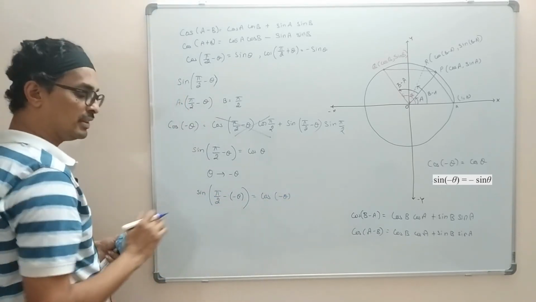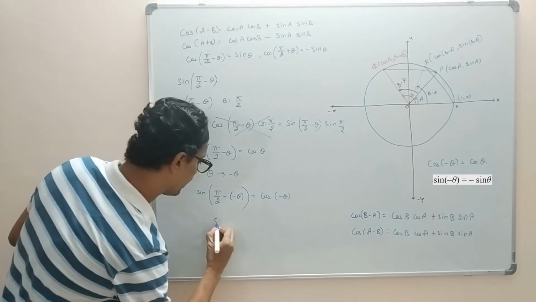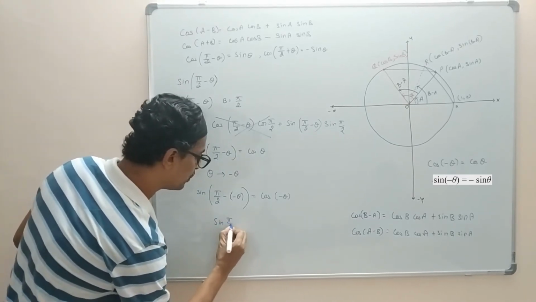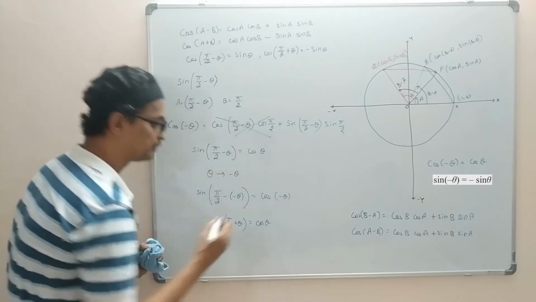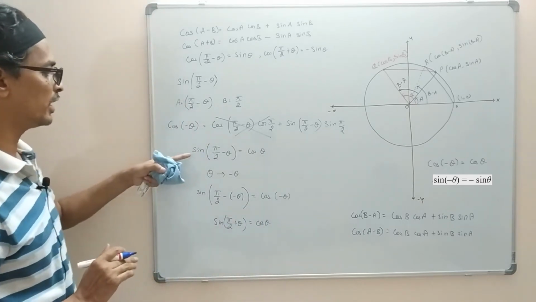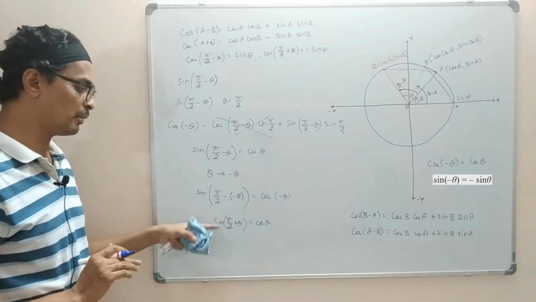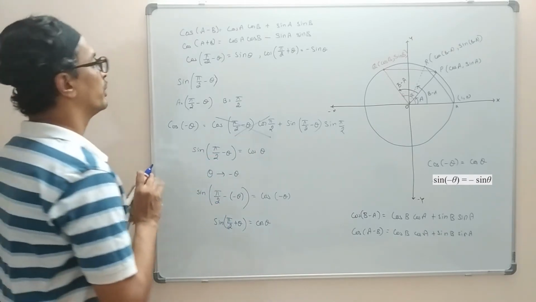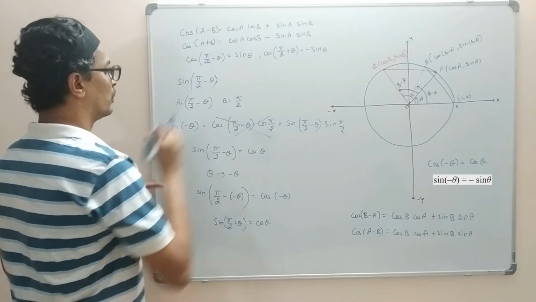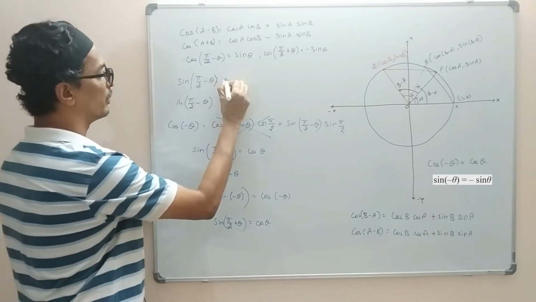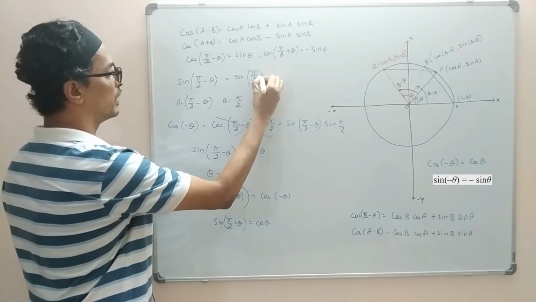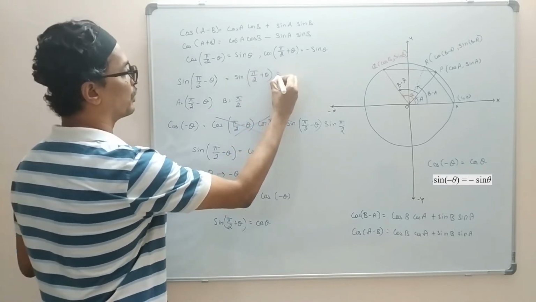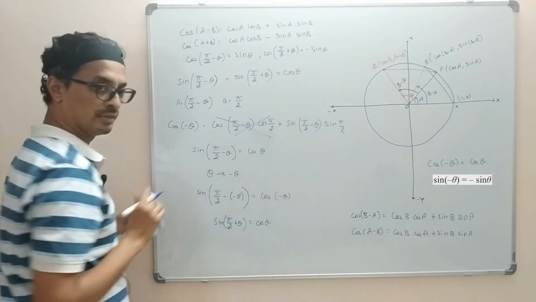Minus of minus is plus. So sine(pi by 2 plus theta) equals cos theta. So sine(pi by 2 minus theta) as well as sine(pi by 2 plus theta) are equal to cos theta.